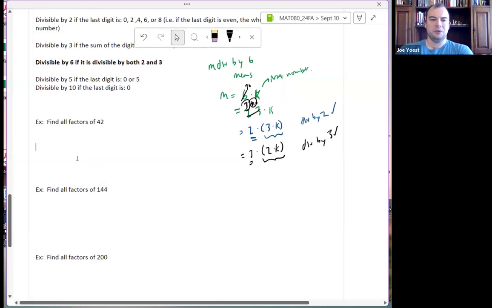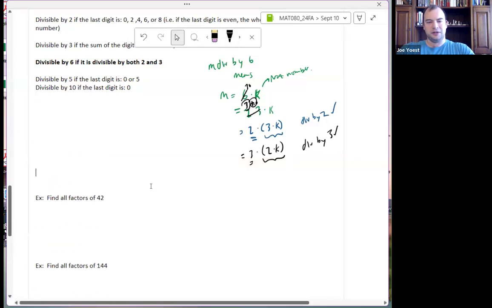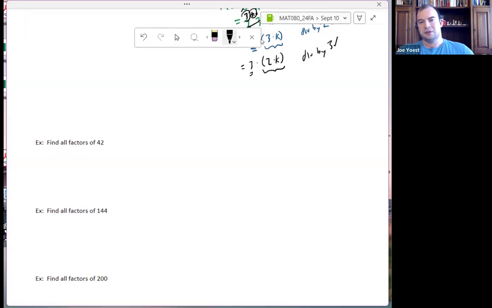Okay, so when we say factors, remember that factor times factor equals product. So when we're talking about factors, we're talking about things that are multiplied together to get a product.